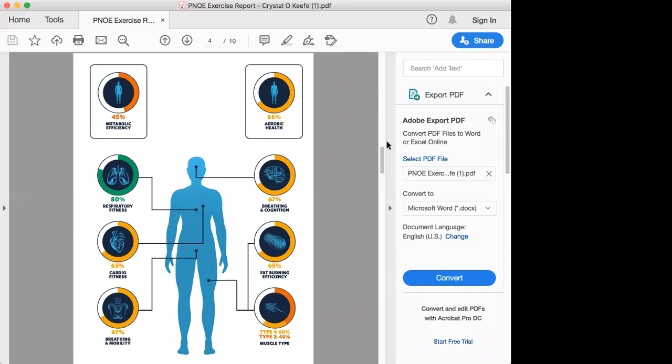The metabolic efficiency metric outlined in this report refers to the non-resting energy expenditure. You are slightly below the average, which is 50%, which isn't horrible. It isn't great. It shows that there's a downwards trend in the amount of calories that you're burning when you're moving, when you're exercising.